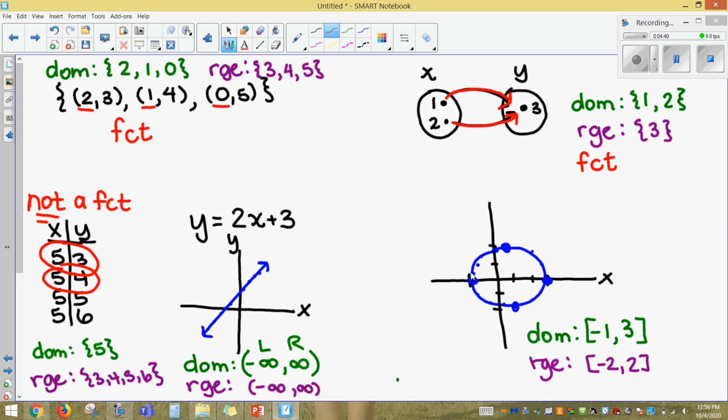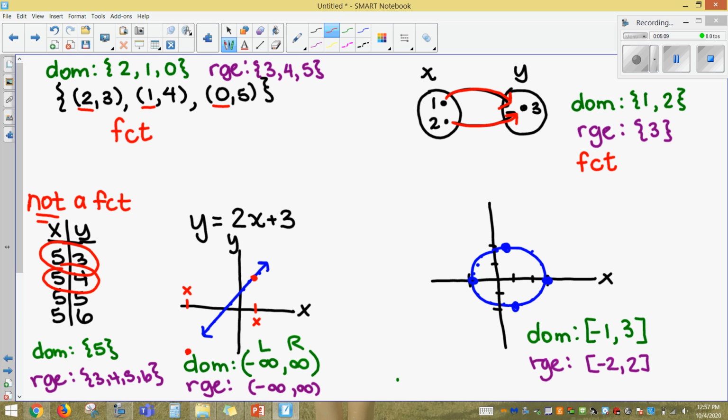When we're dealing with our infinite sets, like the picture of the line and the picture of the circle, we can't just look at a list and look for a repeated x value. So I have to think, if I'm standing right here at this value of x, how many points on this line have that particular x value? I find that one. And what about this particular x value over here?